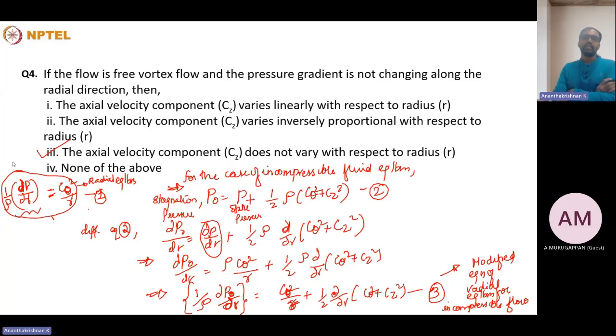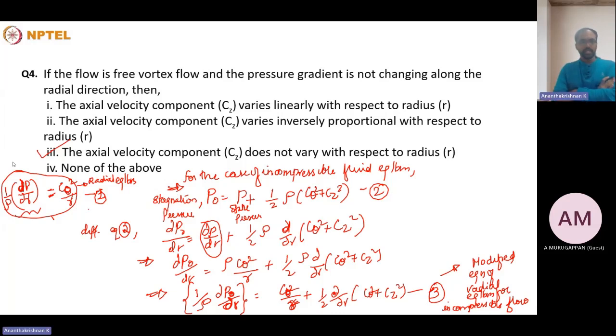So the radius multiplied by the tangential velocity component is a constant for a free vortex flow. And the second condition is that the pressure gradient is not changing along the radial direction. So we can take the left hand side of the third equation, dou P0 by dou r, equal to 0.